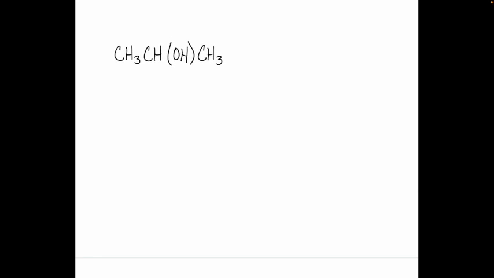There's no little subscript on the outside. It's just one group of atoms. This means that it's sticking off of the main chain. So it's pointed out separately from the other carbons in this molecule. Okay?